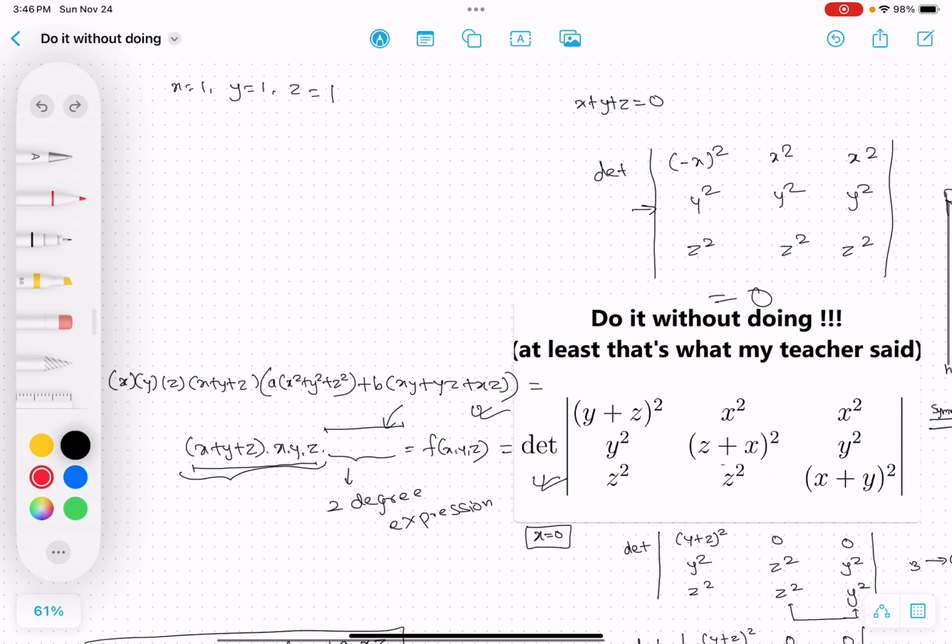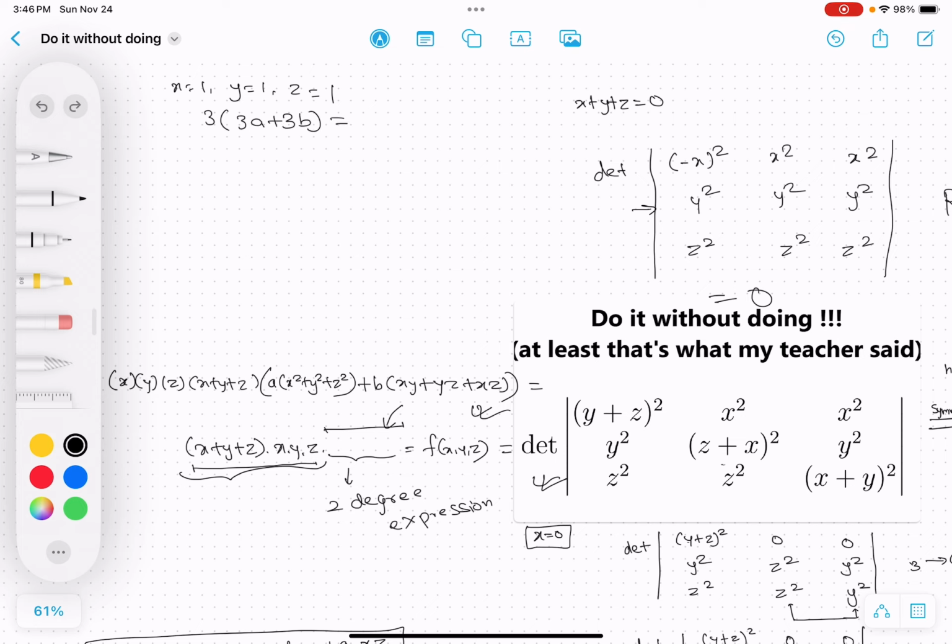From there we get 1 times 1 times 1 times 3 times 3a plus 3b. Now let's see what we get from the other side.